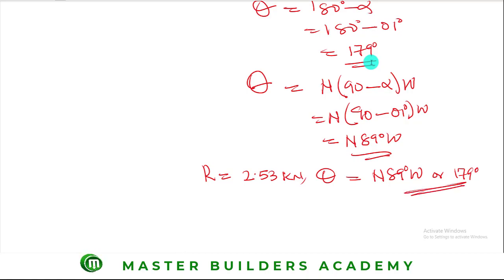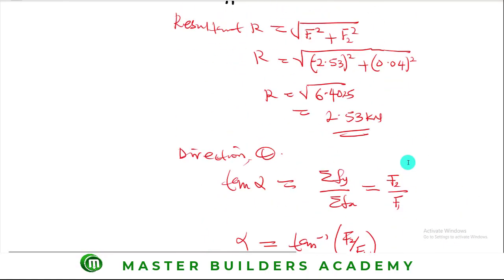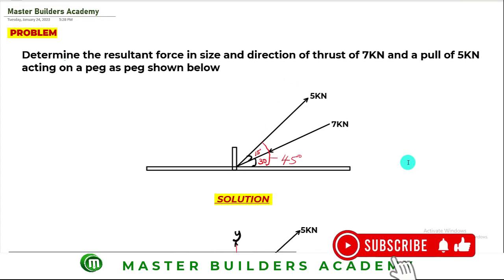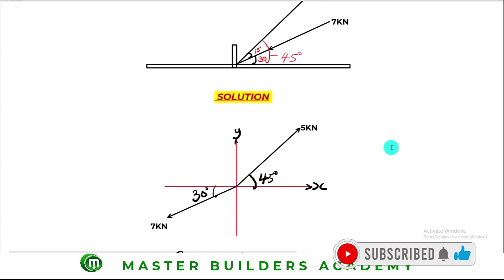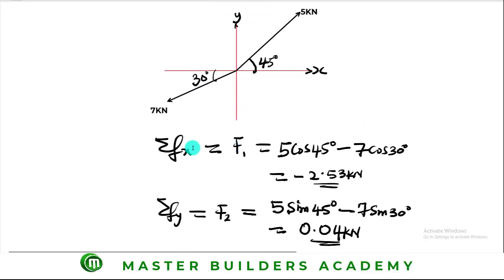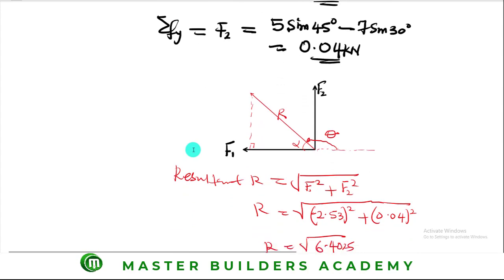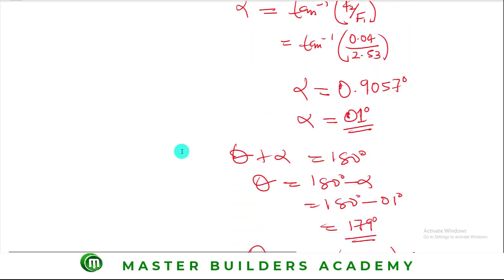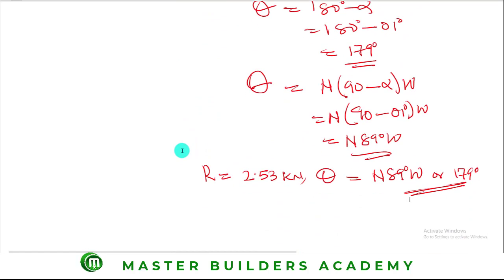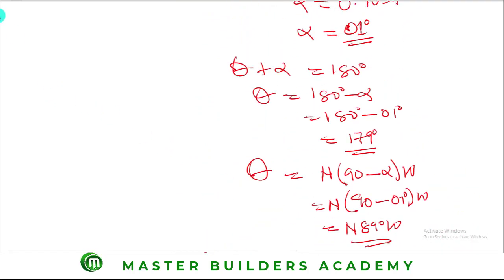So this is the resultant, and then the direction of the resultant as far as this question is concerned. So guys, I wish you all the best. It's very, very simple. All you just need to do is to resolve to the x-axis and then resolve to the y-axis. Very quickly, let me blow up your mind again with another question that we have right before us right now. Okay, so let's dive into that question.